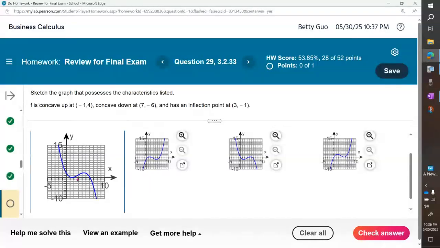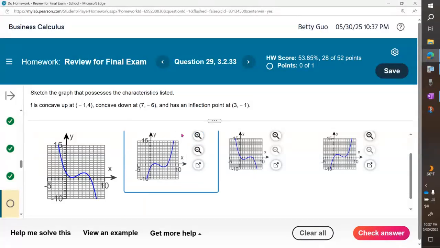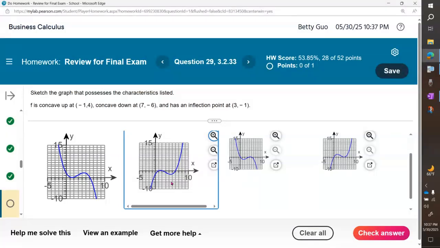It does not look like that. What about this one? Inflection point 3.91. 1, 2, 3.91. That one seems right. 91.4. No, it's not even passing that point.